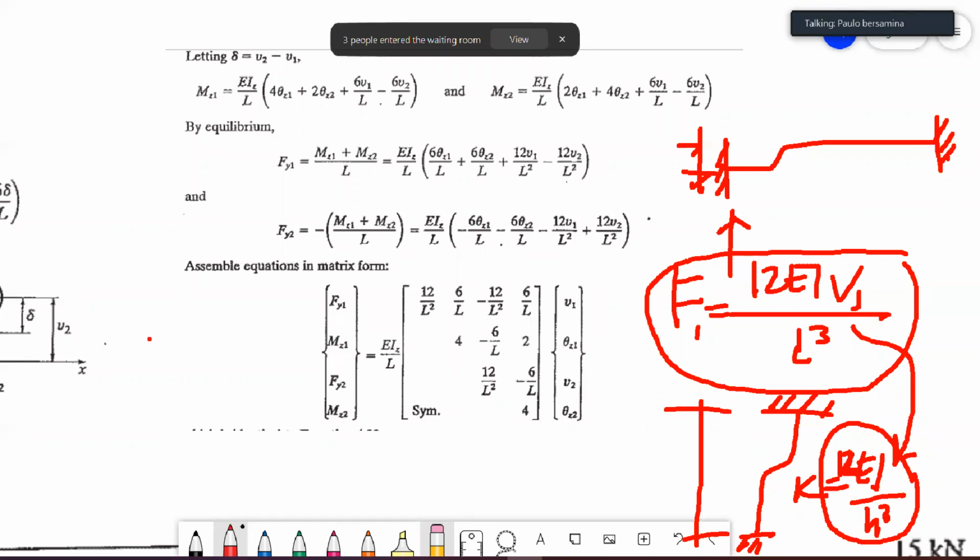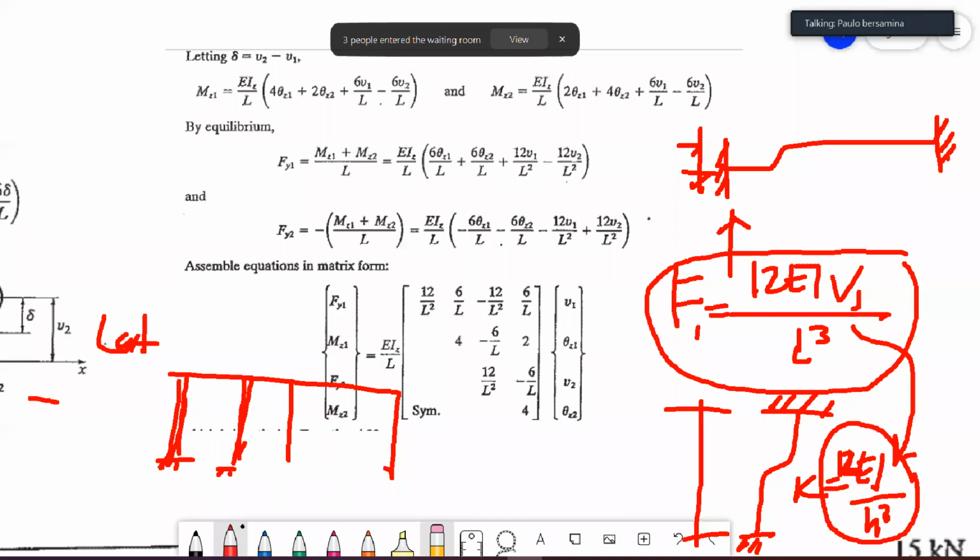When you want to find the lateral stiffness of a building at a floor, get the 12 EI over H cubed of each column, then sum them up, and that becomes the lateral stiffness of the story.